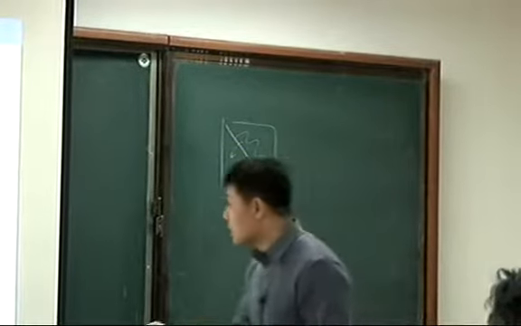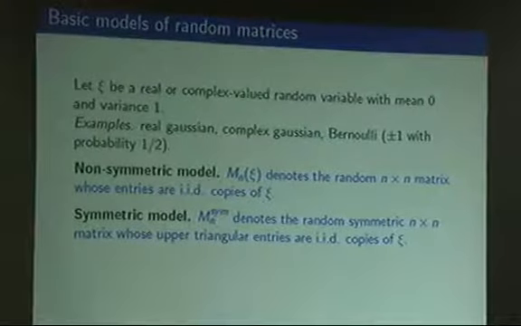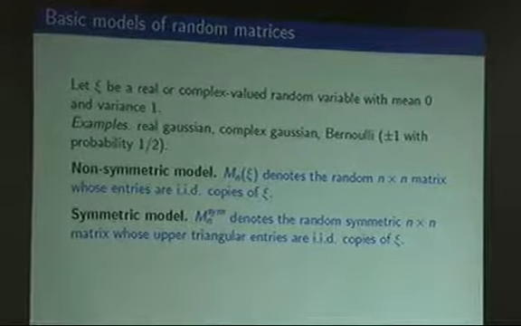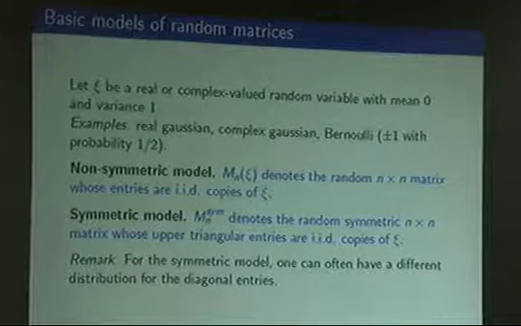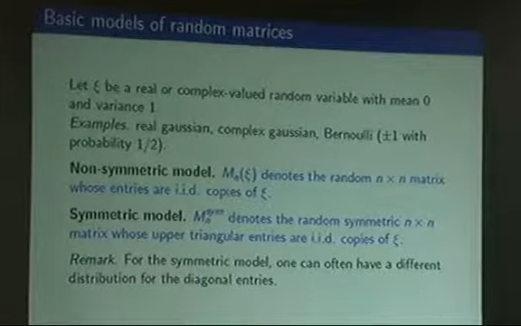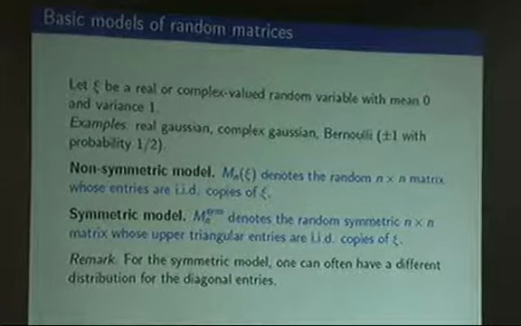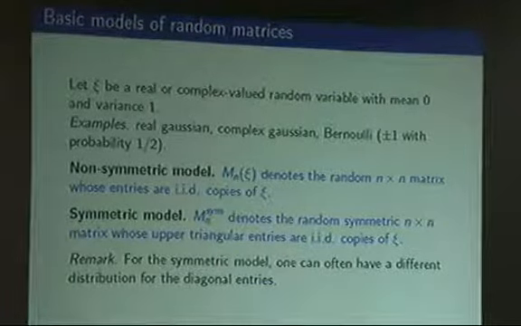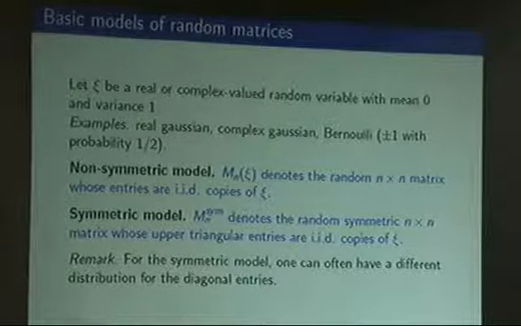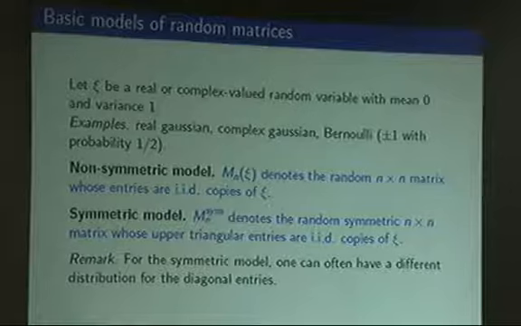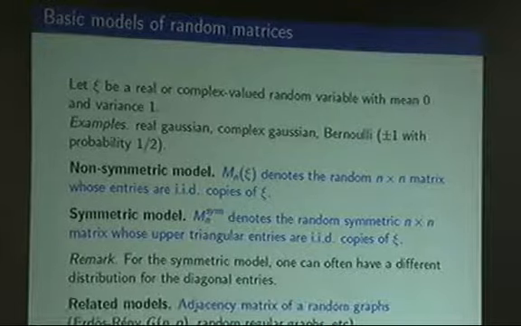I use the letter SYM here to denote the symmetric case. And for the diagonal, we are allowed to have a different random variable rather than Bernoulli, and it usually does not influence the analysis too much.